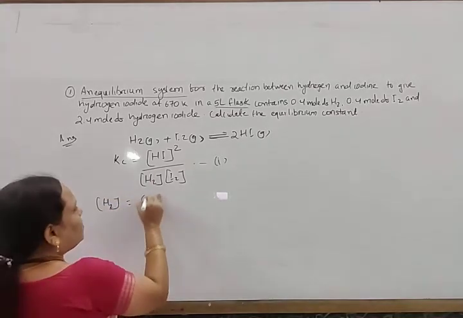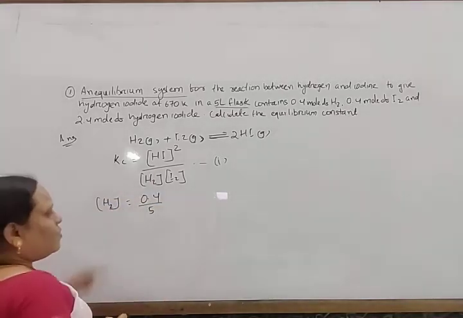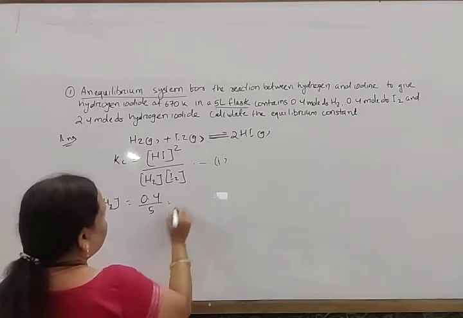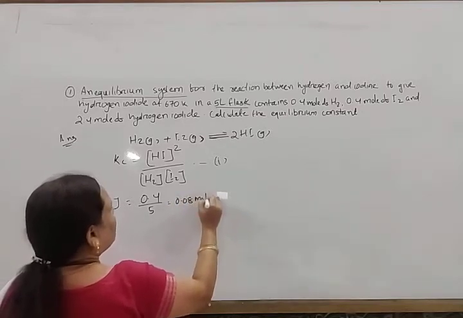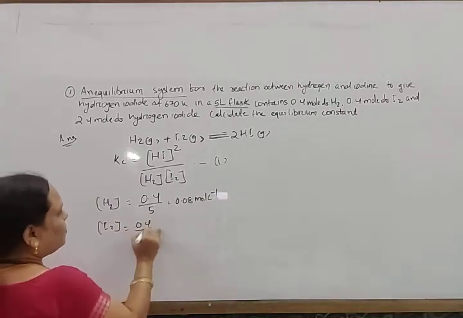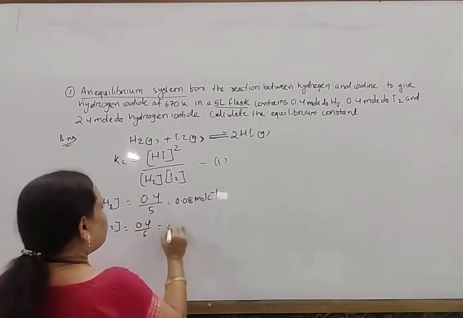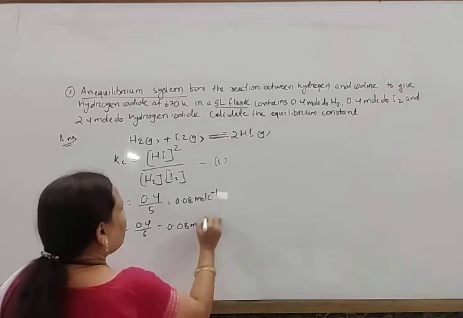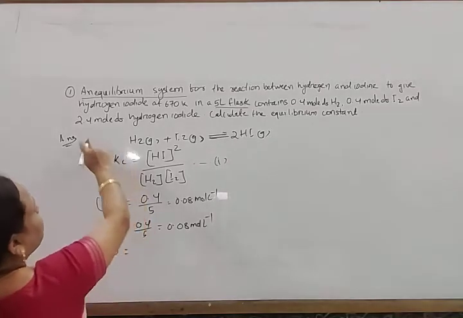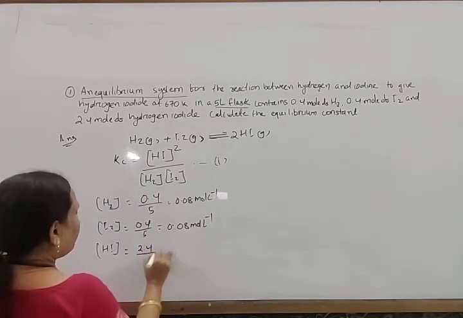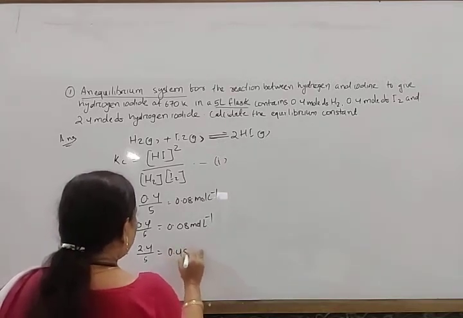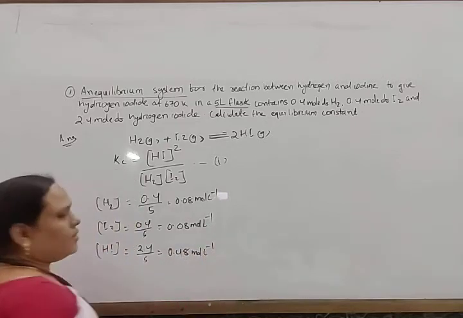H2 is 0.4 by 5 moles per liter, so you get 0.08 mole per liter. Similarly, the concentration of I2 is also 0.4 by 5, which is 0.08 mole per liter, and the concentration of HI is 2.4 by 5, which is 0.48 mole per liter.